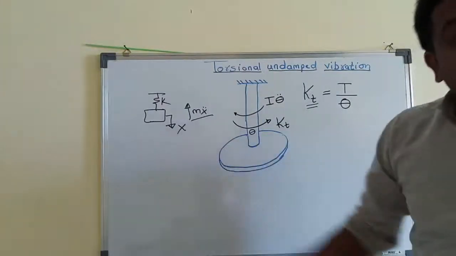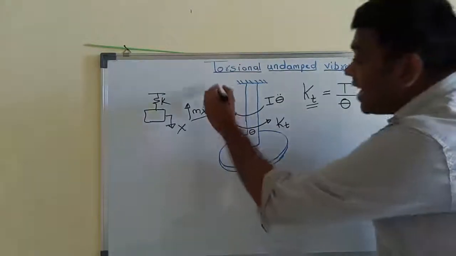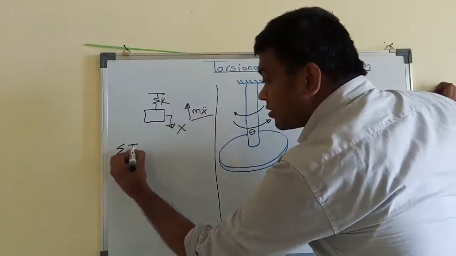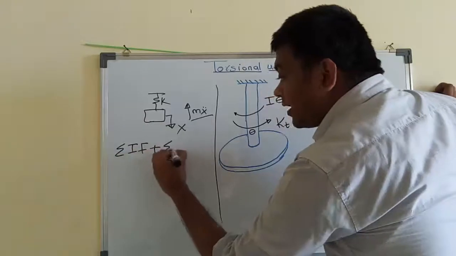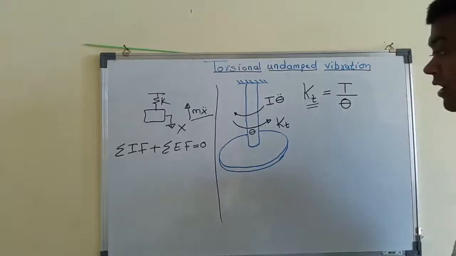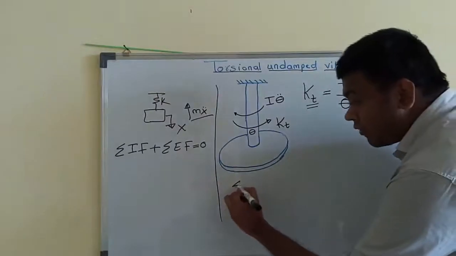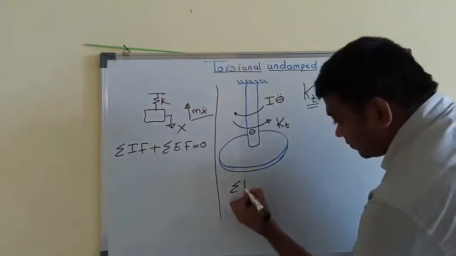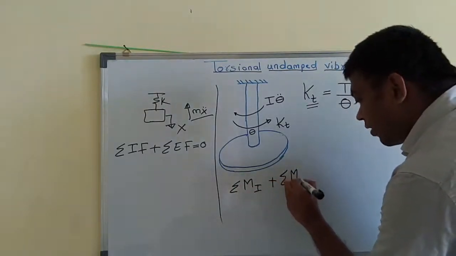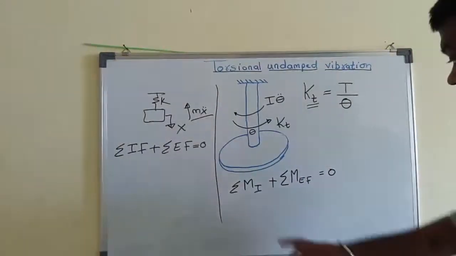Now for the numerical in which we have linear vibration, if we apply D'Alembert's principle, the statement is: summation of the inertia force plus summation of the external force equals 0. And for the case of torsional vibration, the statement is: summation of the moment of inertia plus summation of the moment of the external force equals 0.